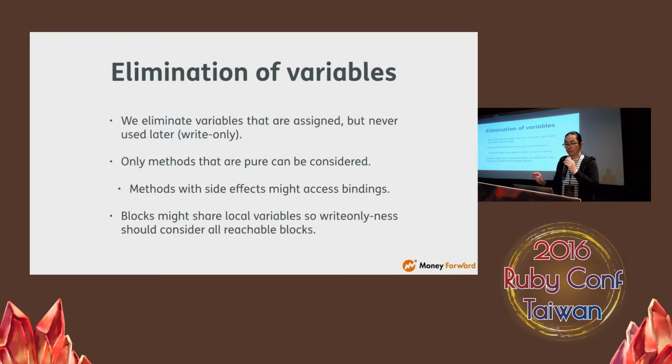Methods that are not pure might get a binding and touch local variables from outside of it. We need to restrict the local variable elimination to pure ones. Lastly, local variables are shared across blocks. So blocks are checked recursively, not to overlook the usage of the local variable.